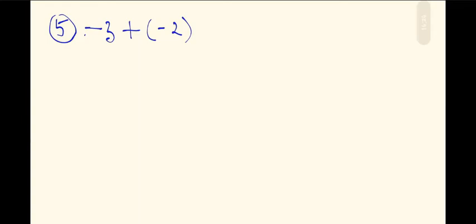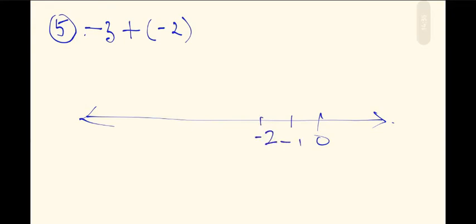So without wasting much time, we draw a number line, label as 0, -1, -2, -3, -4, -5, -6, -7. So we mark a -3 on the number line.